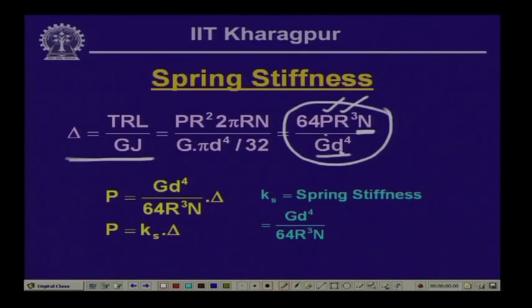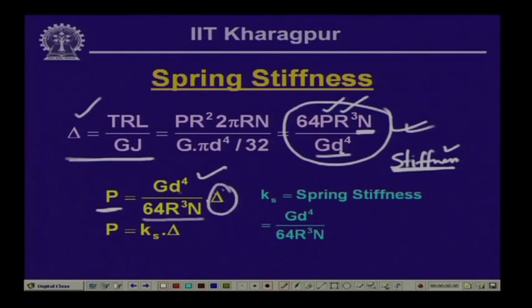Now, if we write this expression in a slightly different way, representing P as a function of the displacement delta, we get P equal to G d^4 divided by 64 R cube n times delta. Generally, as we have seen, we define stiffness as the force required to produce unit displacement.